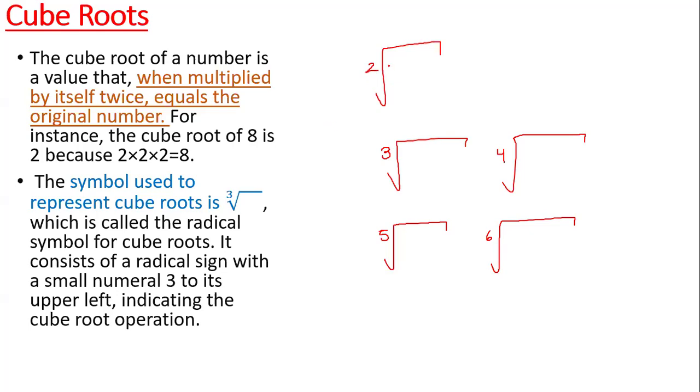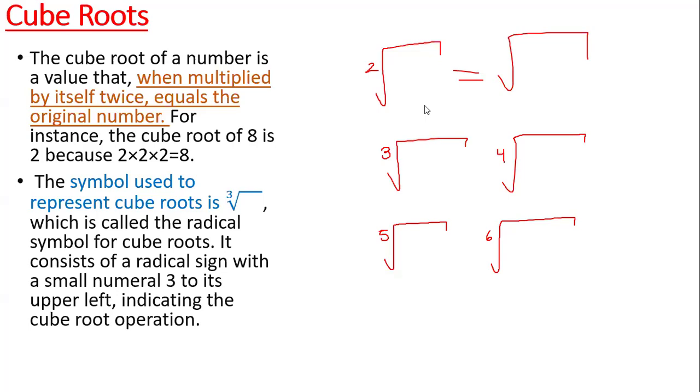No, leave it blank. I could put a 2, but they're equal, so you don't have to change it. Only for 3, 4, 5, and 6, you have to actually indicate. But by itself, it just means square root. Does that make sense?